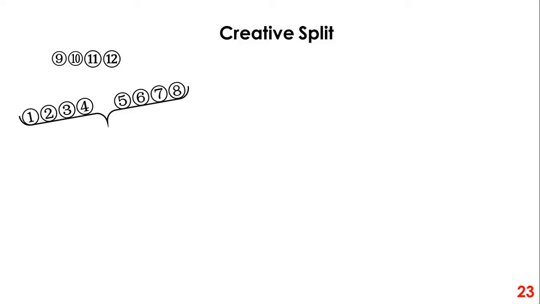But this step is the hardest one in this whole problem. You need to use creative thinking, so you need to split those coins creatively. Here is how to do it.